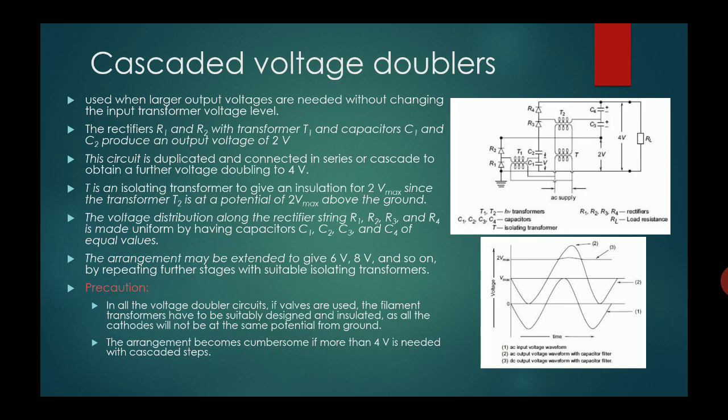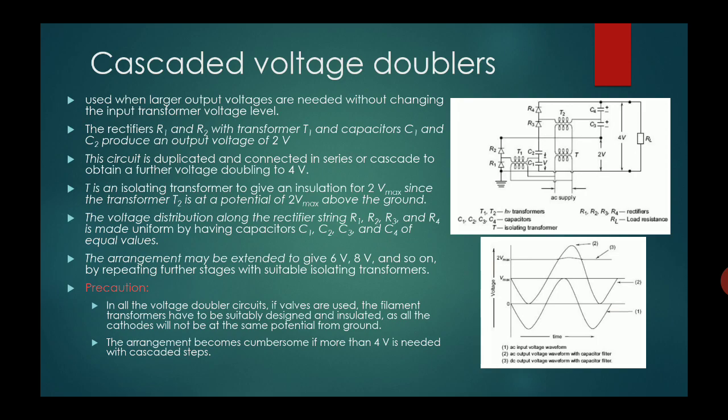Whatever the AC supply is, look at the diagram: the rectifiers R1 and R2 along with the capacitors C1 and C2 produce an output voltage of 2 volts.